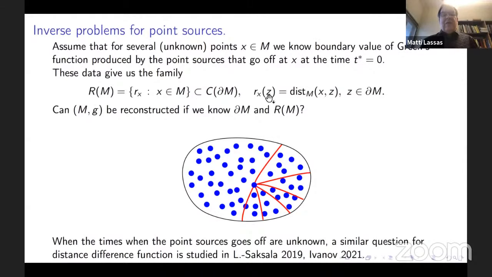This gives us the family of boundary distance functions, the family of all functions in the space of continuous functions on the boundary.